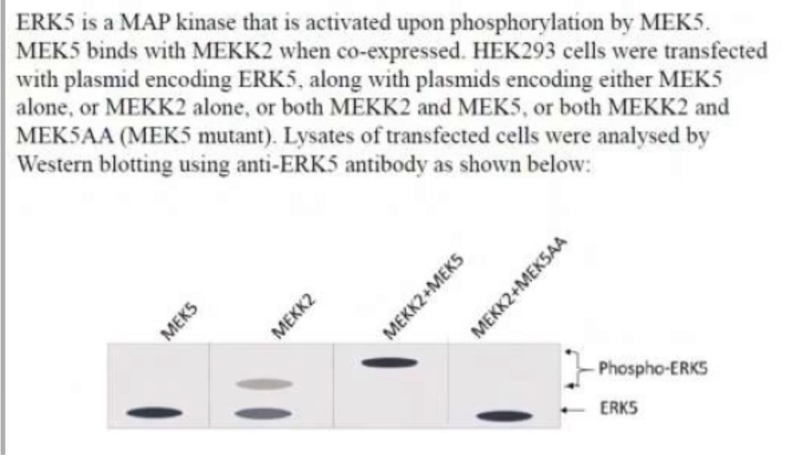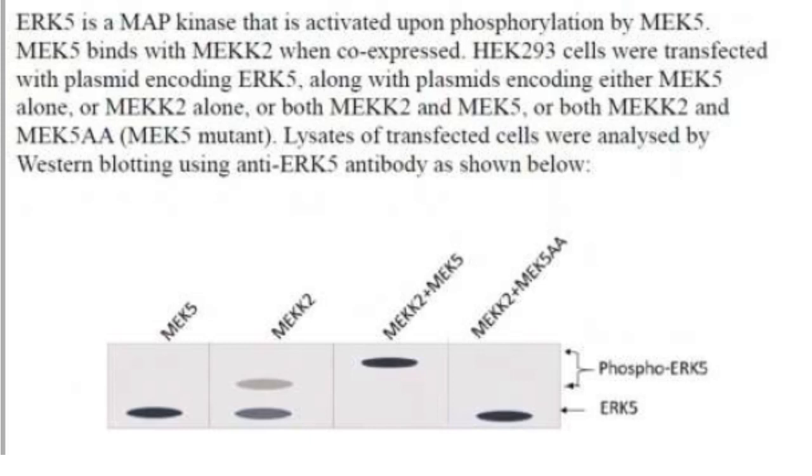HEK293 cells were transfected with a plasmid encoding ERK5 along with a plasmid encoding either MEK5 alone or MEKK2 alone, or both MEKK2 and MEK5, or both MEKK2 and MEK5AA. MEK5AA is a MEK5 mutant. Lysates of transfected cells were analyzed by Western blotting using anti-ERK5 antibody as shown below.